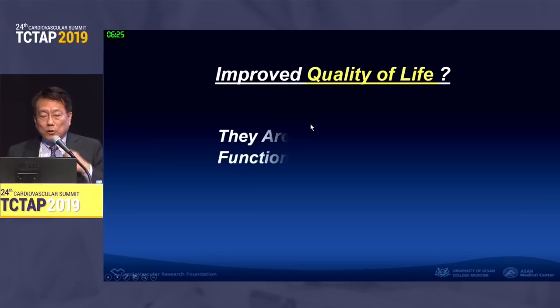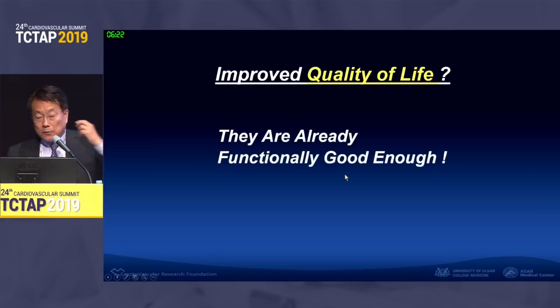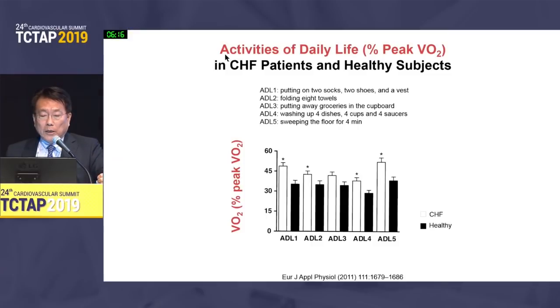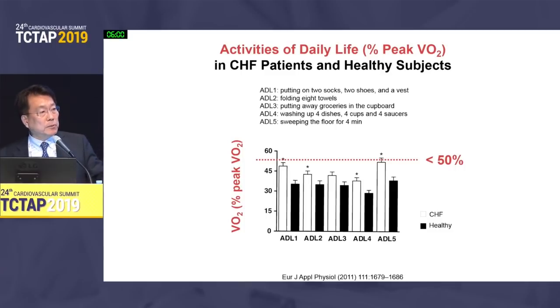So improved quality of life. They are already functionally good enough in a young gentleman, a 75-year-old male patient. If you look at the activity of daily life, peak VO2 concern, even in normal healthy people in daily activities, actually we use less than 50% of our VO2max, the capacity of our exercise.